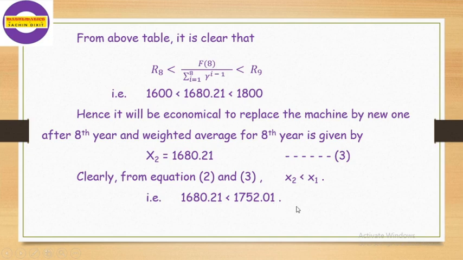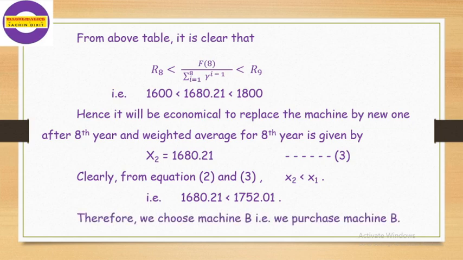That is, x2 is less than x1. And then by step 3, you can mention the conclusion remark as: therefore we choose machine B, that is we purchase machine B in this case. And that is the example corresponding to how to select the machine.